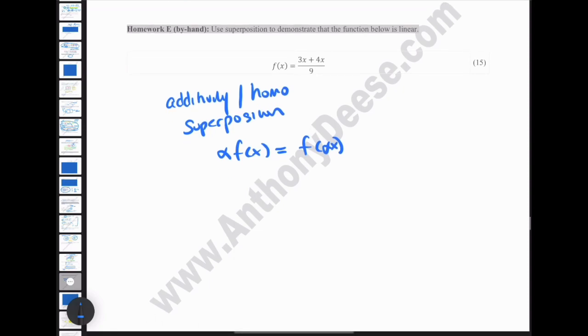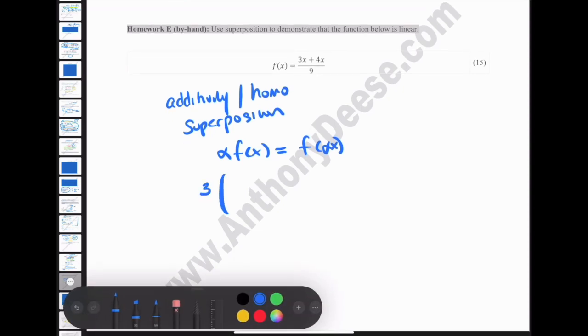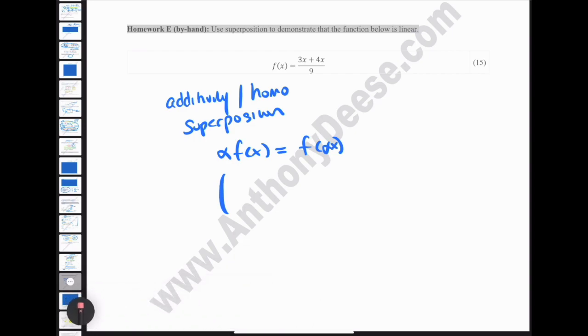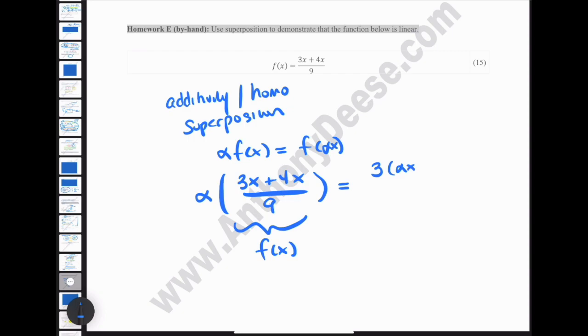So that means that 3 times, I don't know why I chose 3, alpha times (3x plus 4x) over 9, that's our f of x, should be equal to (3 alpha x plus 4 alpha x) divided by 9.